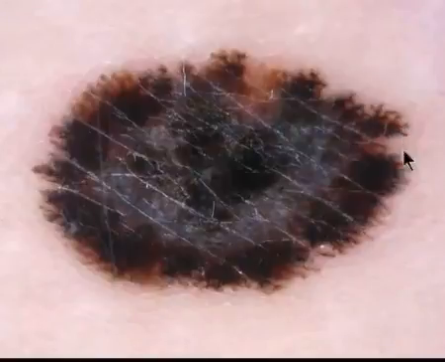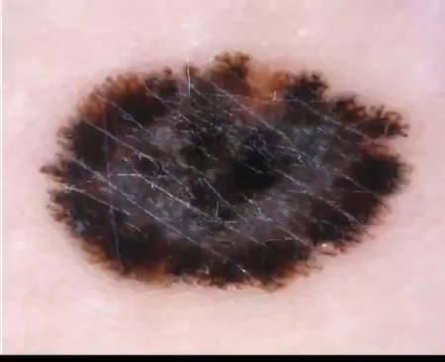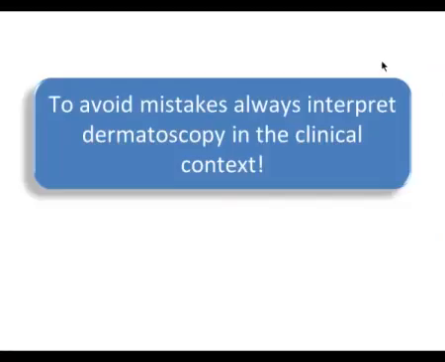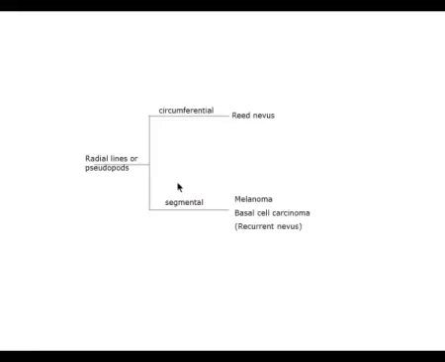Here we have pseudopods that can be found over the entire circumference, almost, but it's difficult to tell the difference. But this is a lesion in an adult, so it most likely represents a melanoma. Dermatoscopy always has to be interpreted in the context, and the context is the clinical context, including age, anatomic site, and other criteria.